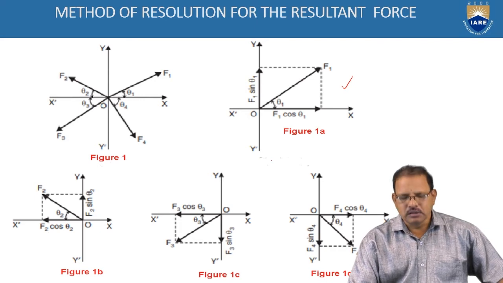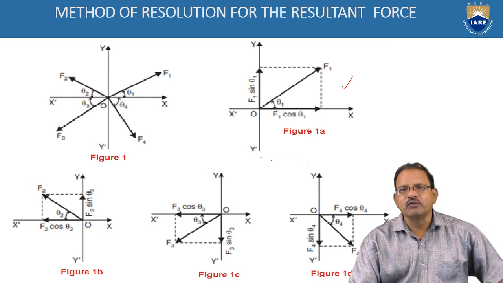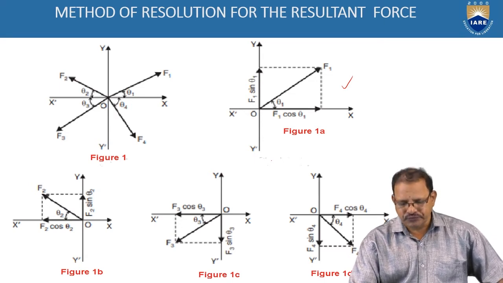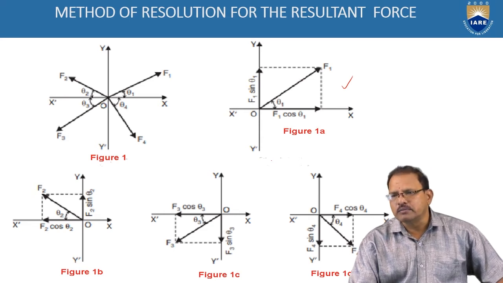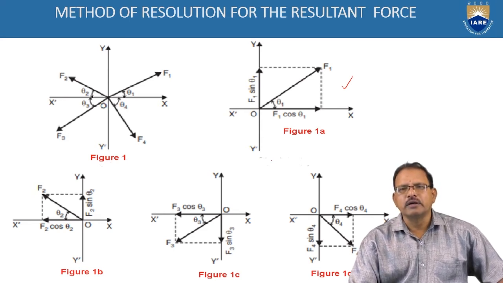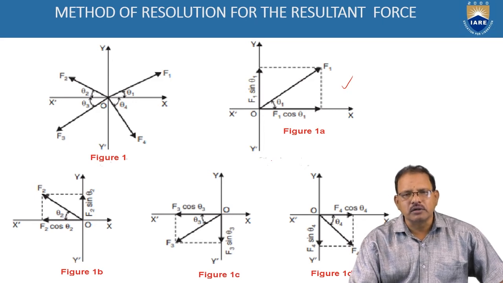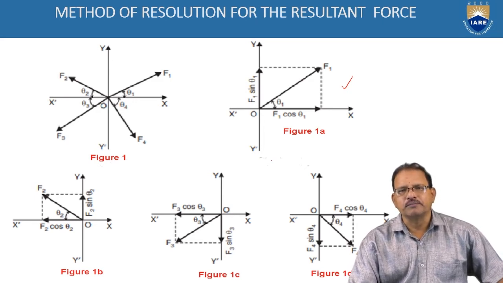The fourth force F4 makes an angle theta 4 with respect to the positive x direction. Its horizontal component is F4 cos theta 4 and its vertical component is F4 sin theta 4. The horizontal component acts toward the right side, hence it is treated as positive, and the vertical component F4 sin theta 4 acts downward, so it is treated as negative.